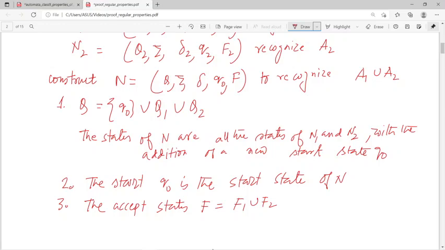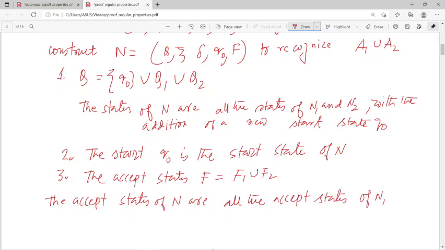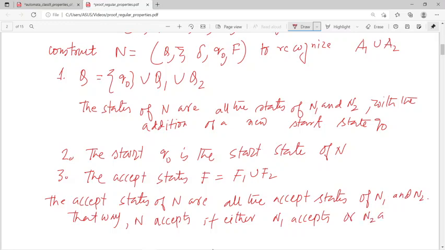So we know the accept states of n are all the accept states of n1 and n2. এবং that way n accepts if either n1 accept or n2 accept, তার মানে n1 either accept করলেও accepted, n2 accept করলেও accepted.